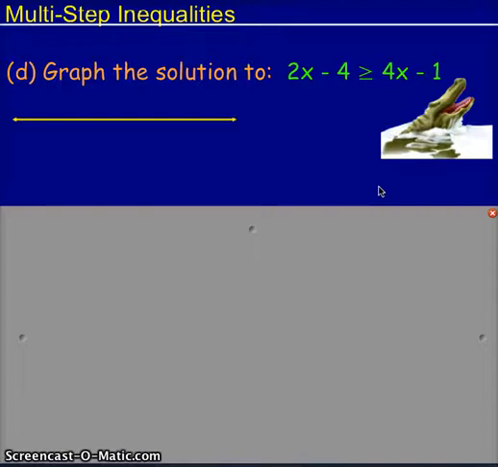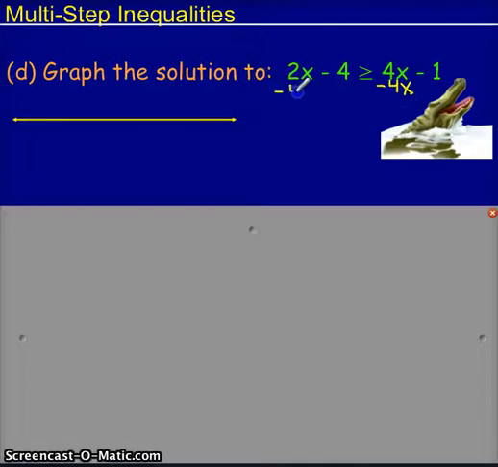So if you remember from the last video, we want to bring our variables together first. So I'm going to subtract 4x on both sides to get my variables to one side. And let me show you what that looks like so you can follow it step by step.